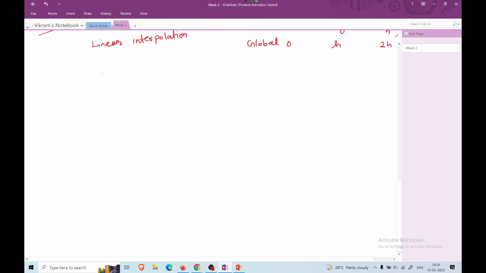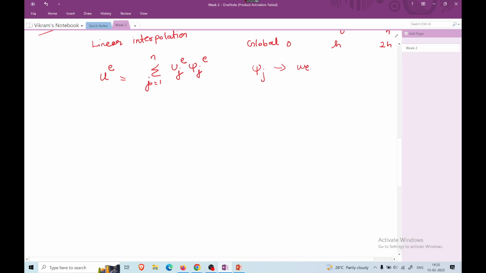For the element, u is equal to summation j equal to 1 to n, uj psi j.